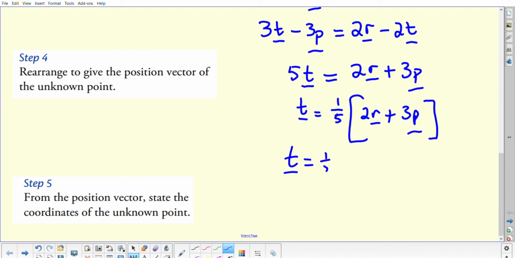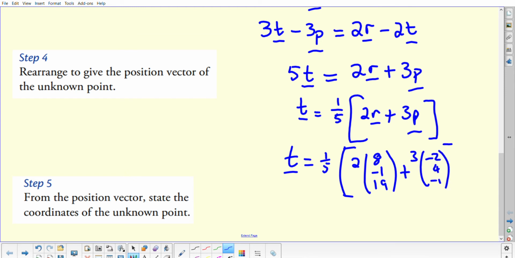So I'm going to use square brackets for the components. I'm going to have 2 times R, so my R is (8, -1, 19), and I'm going to have 3 times P, which is (-2, 4, -1).